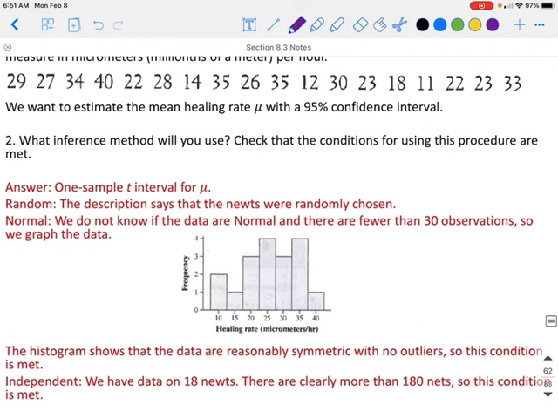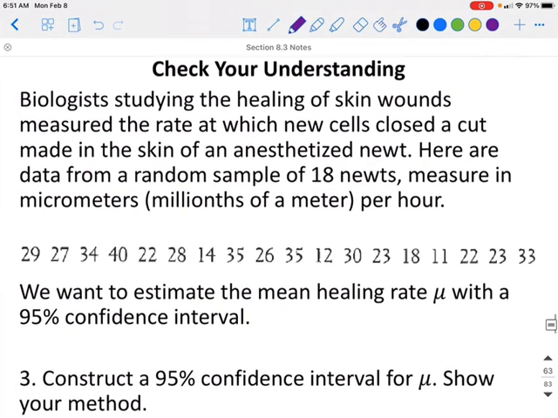The last thing we need to check is the independence. We have data from 18 newts, and they did not select these with replacement, so we need to check the 10% condition. If we do 10 times 18, that would give us 180 newts, and so there's clearly at least 180 newts out there, so that independence part has been checked.